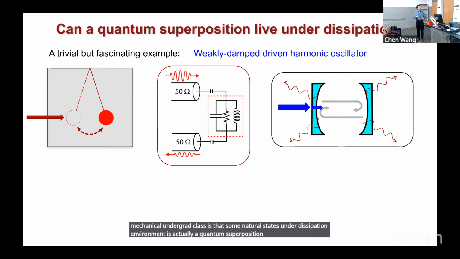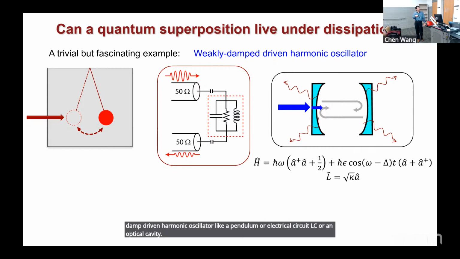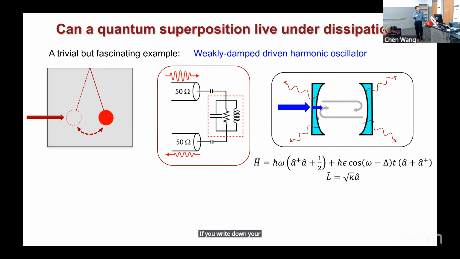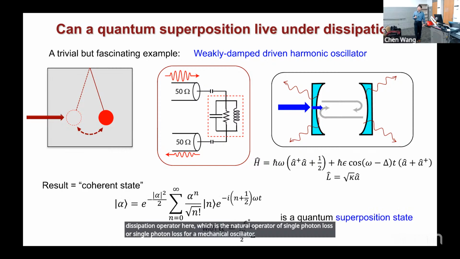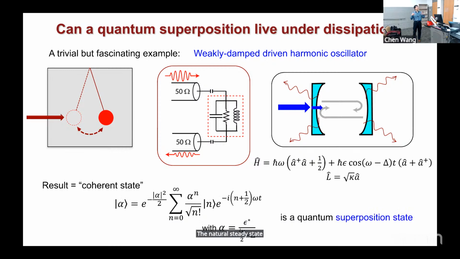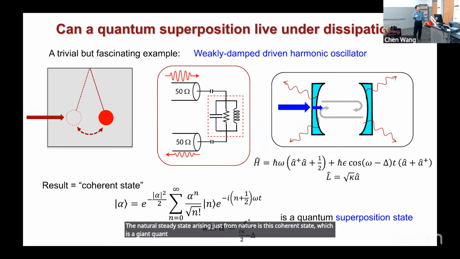For example, you have a weakly driven damped harmonic oscillator like a pendulum or an electrical LC circuit or an optical cavity. If you write down your Hamiltonian, write down a drive, and you put in this dissipation operator here, which is the natural operator of single photon loss, or single phonon loss for a mechanical oscillator, the natural steady state arising just from nature is this coherent state, which is a giant quantum superposition of many photon number states.